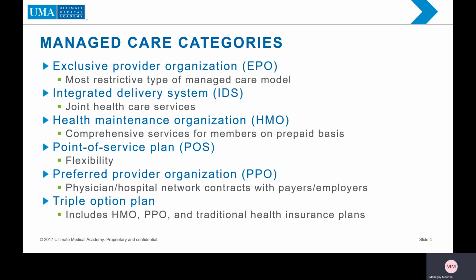Models include physician hospital organizations, management service organizations, group practices without walls, integrated provider organization, also medical foundation. So something to note about IDS, or integrated delivery system, this is the result of a joint venture between hospitals and members of their medical staff, is usually what you would see with this type of plan.